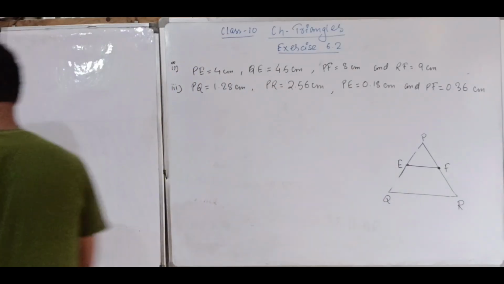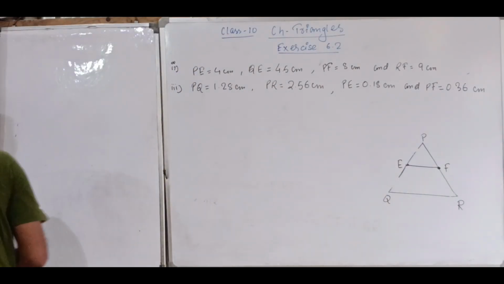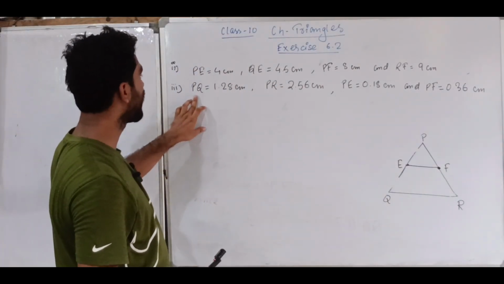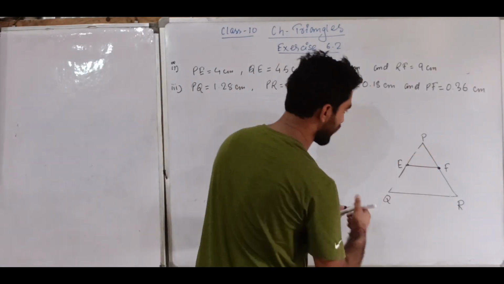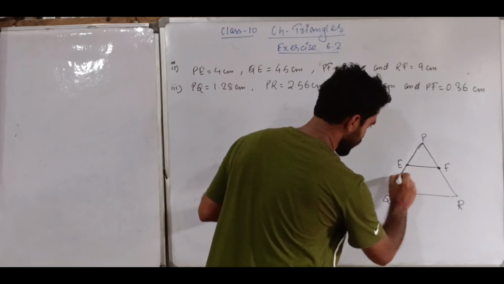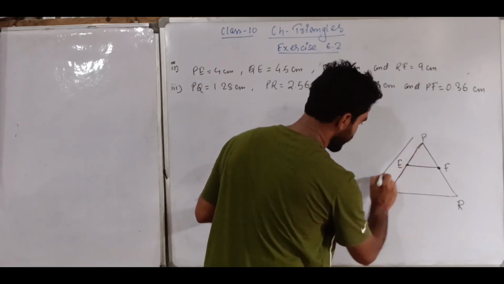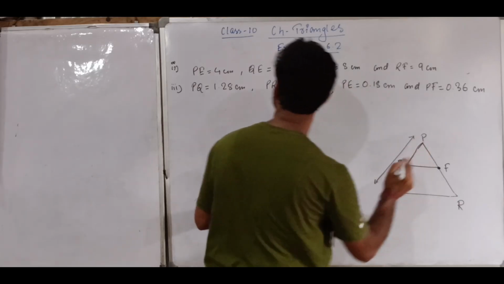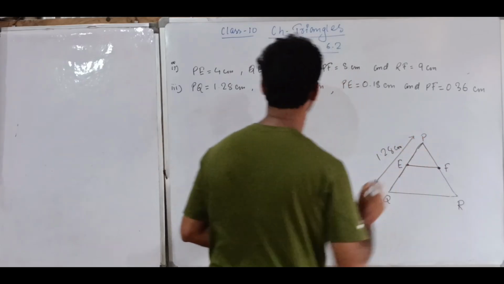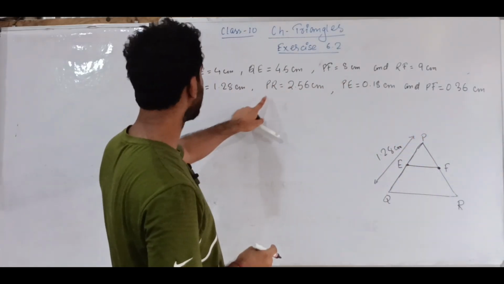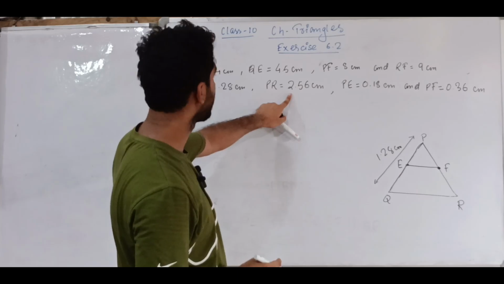Okay, now according to question number 3, the PQ value is given. PQ means from here to here, the complete PQ value is given, 1.28 centimeters. Then PR is given.